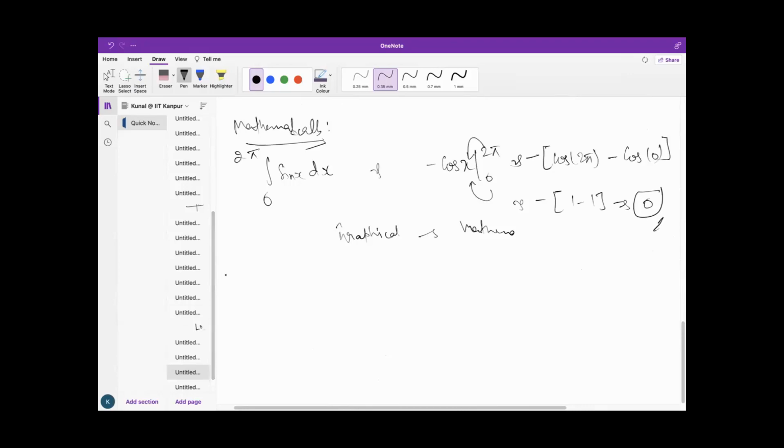Now let's move on to some more. Try to note, if this is A and this is B, right? This is the x-axis and this is actually the required area.